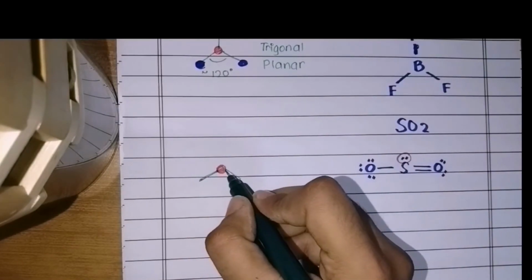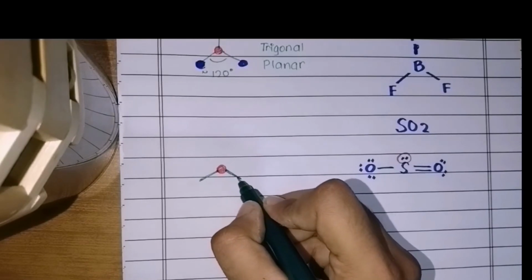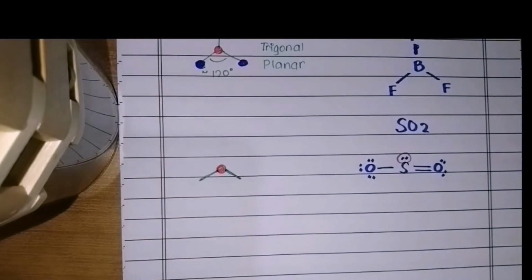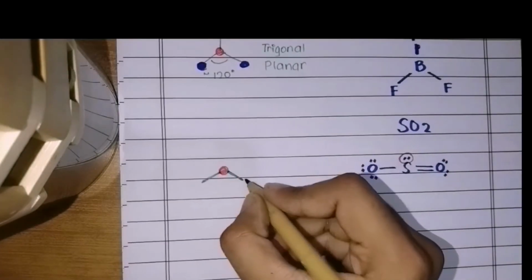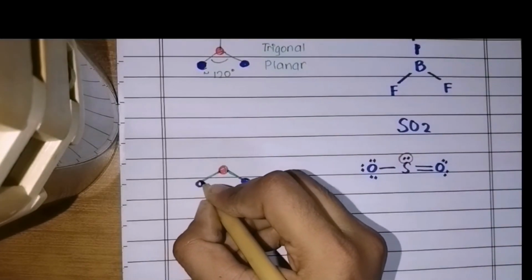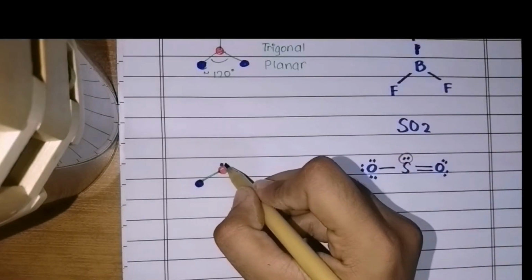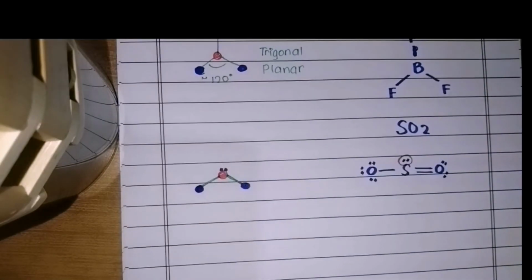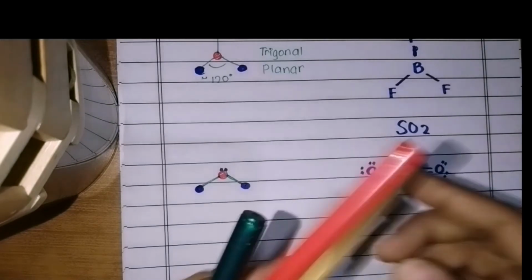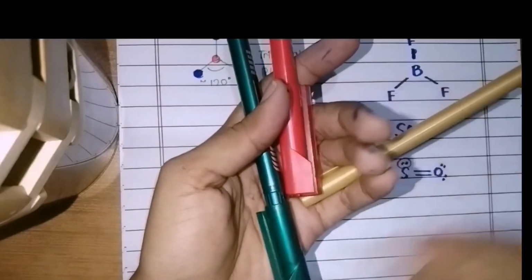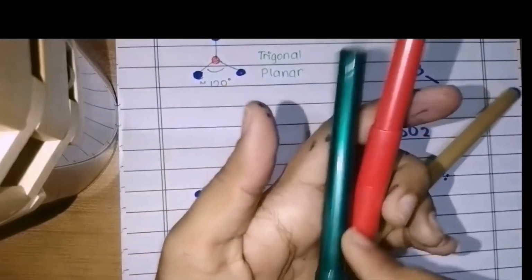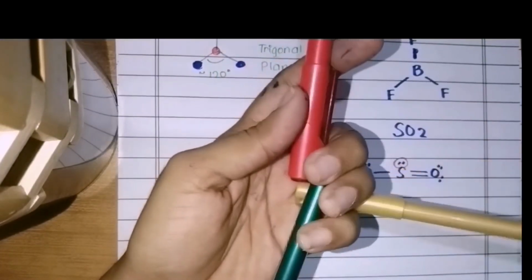Three things around the central atom. So just like the trigonal planar molecule, we have it like this.